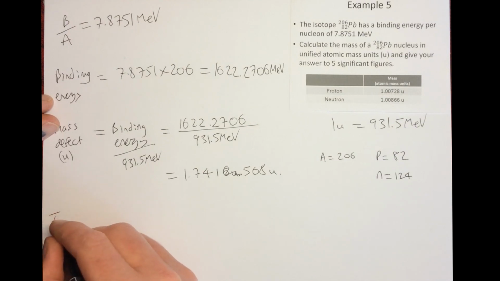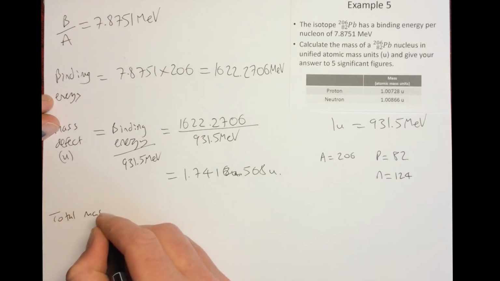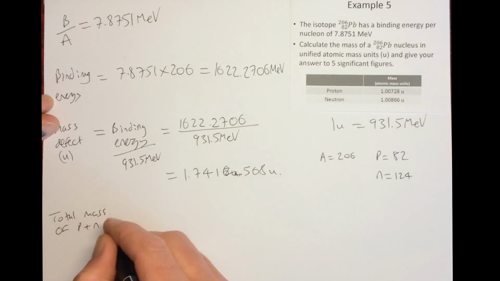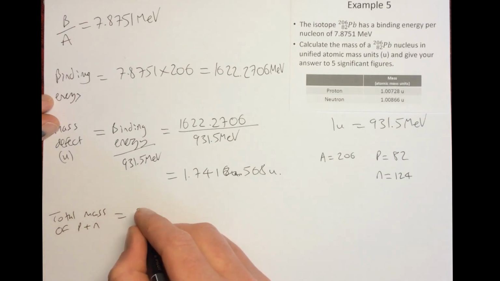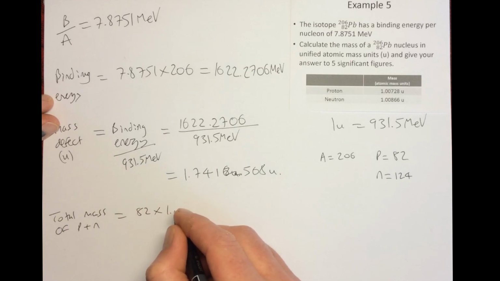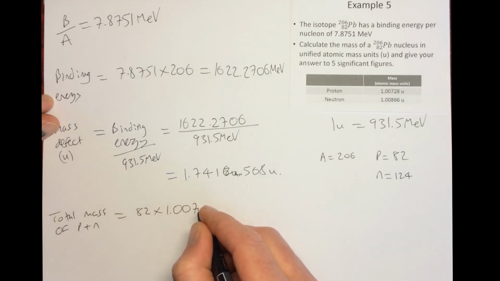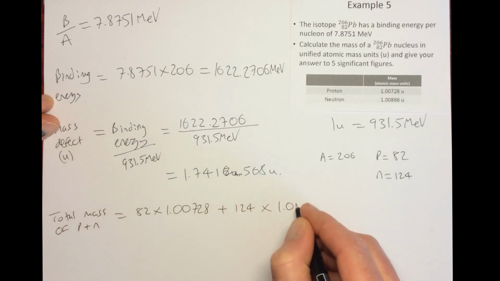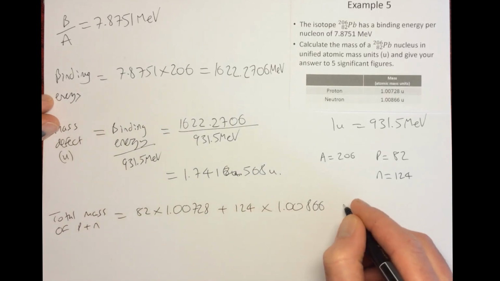So the total mass of the protons and the neutrons individually is equal to 82 times 1.00728 plus 124 times 1.00866.